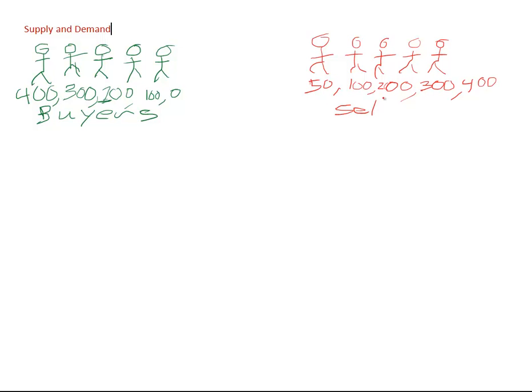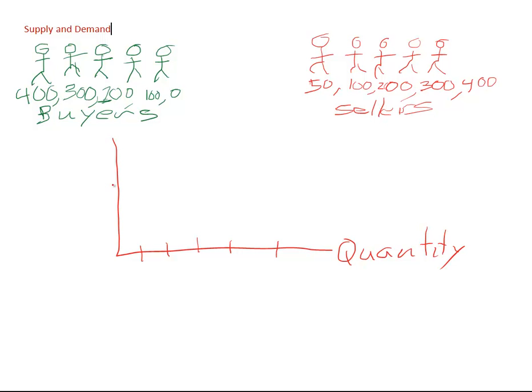And now let's draw our curve right here. So 1, 2, 3, 4, 5, and this is quantity. And then they're willing to go up to $400. So let's say this is 100, 200, 300, and 400. And this is the maximum price.